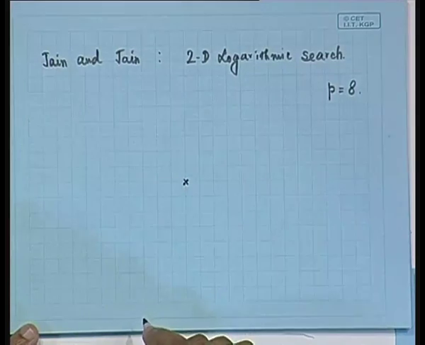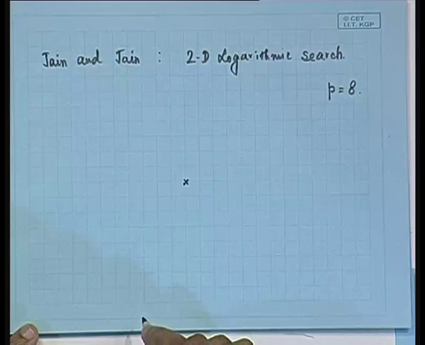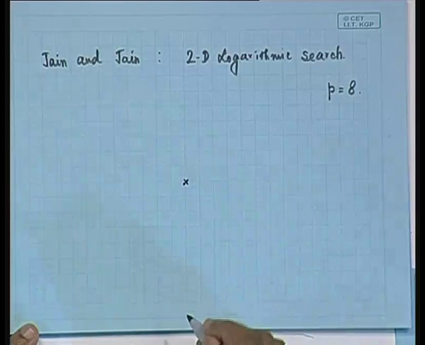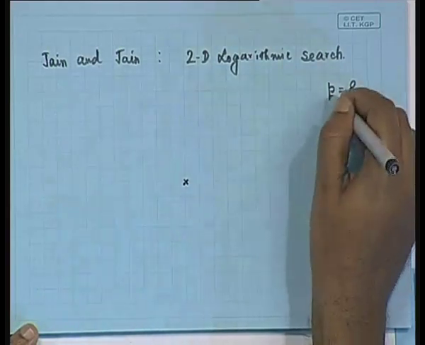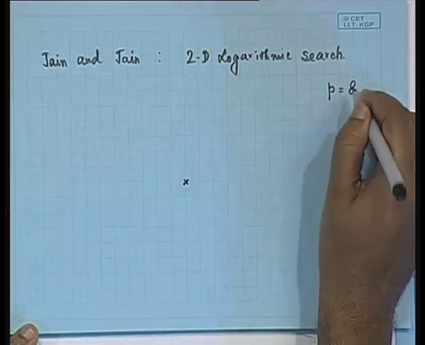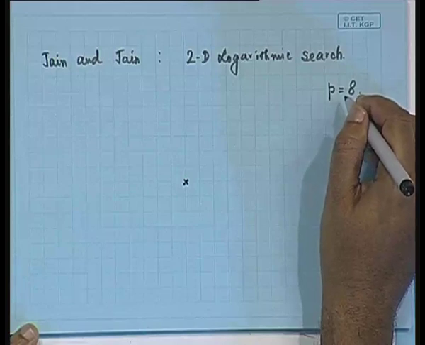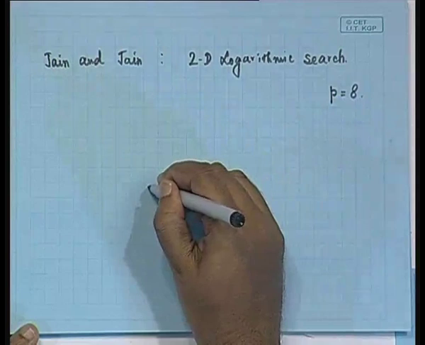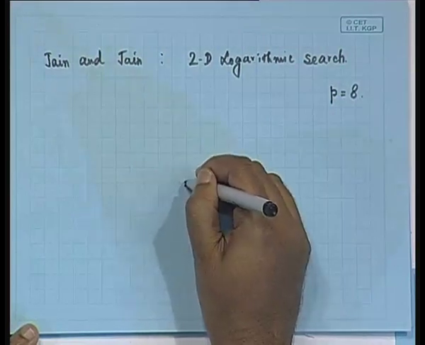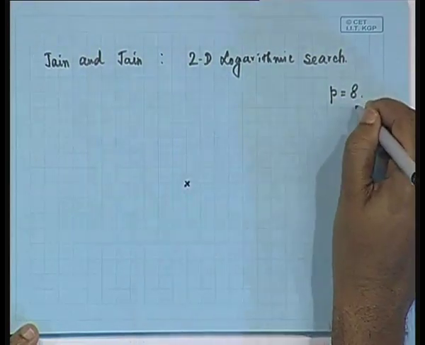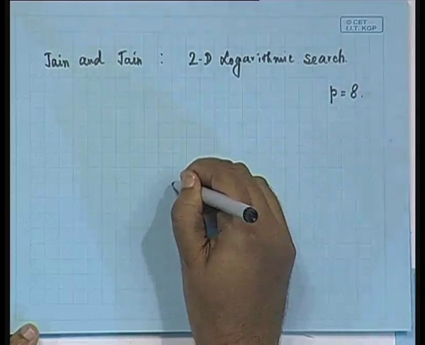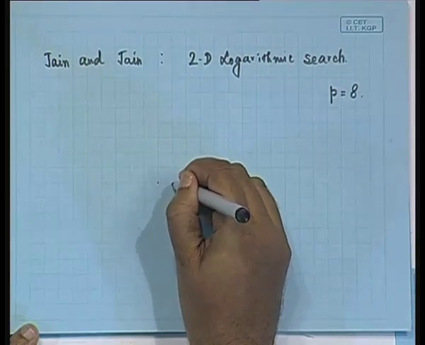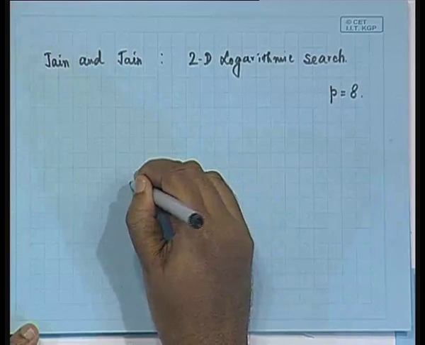Center of the search window means the coordinate position at which our candidate block is located. And if we say p is equal to 8, in that case at the positions p by 2 away from the center of the search, in this case p by 2 is going to be 4. So, we go left by 4 positions, 1, 2, 3, 4.